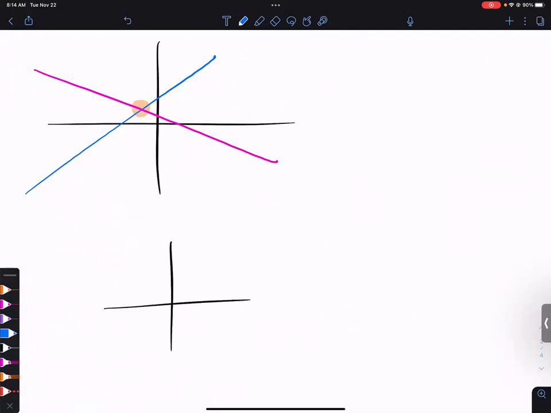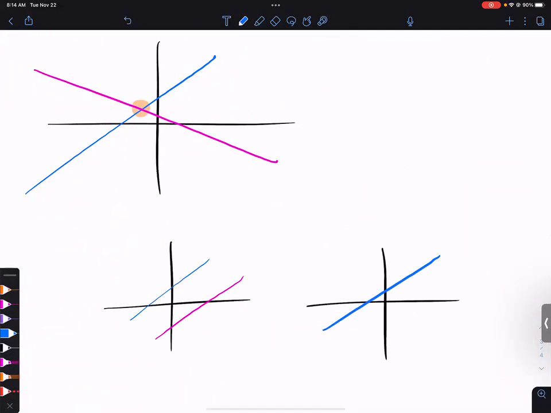Or you get parallel lines that have no solution at all. Or you can have two copies of the same line, but disguised so that you get infinitely many solutions. All right, so one unique solution or no solutions at all, or infinitely many. That's kind of what can happen with two linear equations.